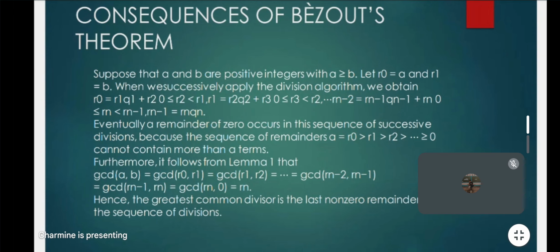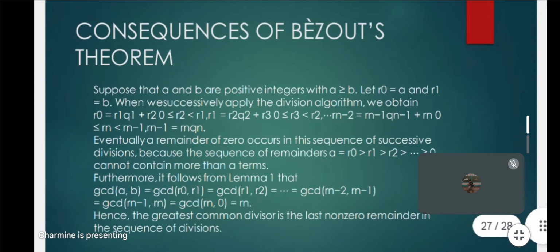Furthermore, it follows from Lemma 1 that GCD of A and B equals GCD of r0 and r1 equals GCD of r1 and r2 equals GCD of rn minus 2 and rn minus 1 equals GCD of rn minus 1 and rn equals GCD of rn and 0 equals rn. Hence, the greatest common divisor is the last non-zero remainder in the sequence of divisions.